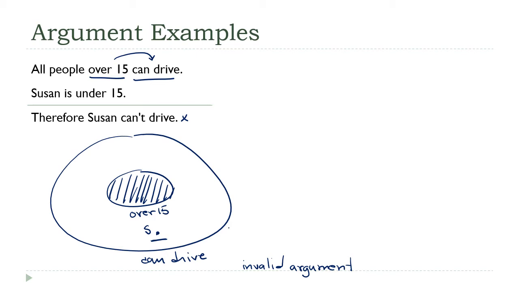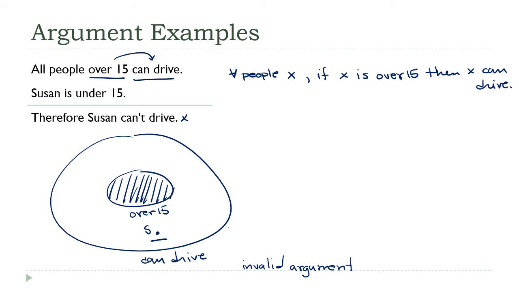Now before we move on, I want to parse this out a little more and see if we can turn it into a logical form. Let's rewrite this as: for all people X, if X is over 15, then X can drive.